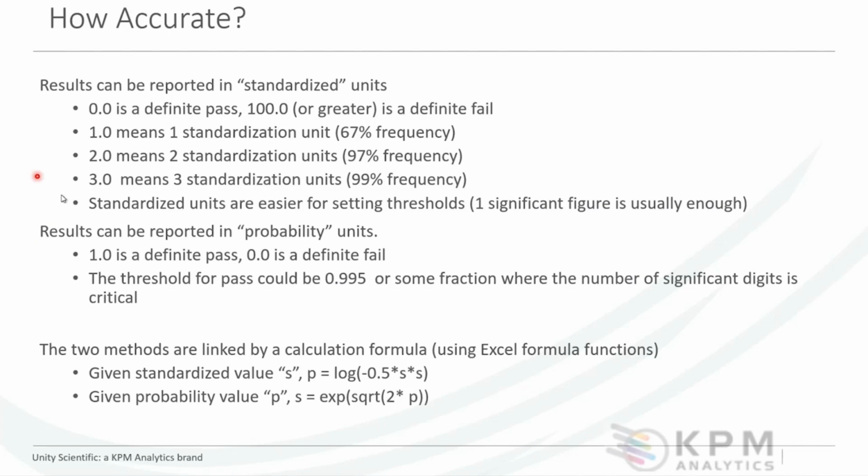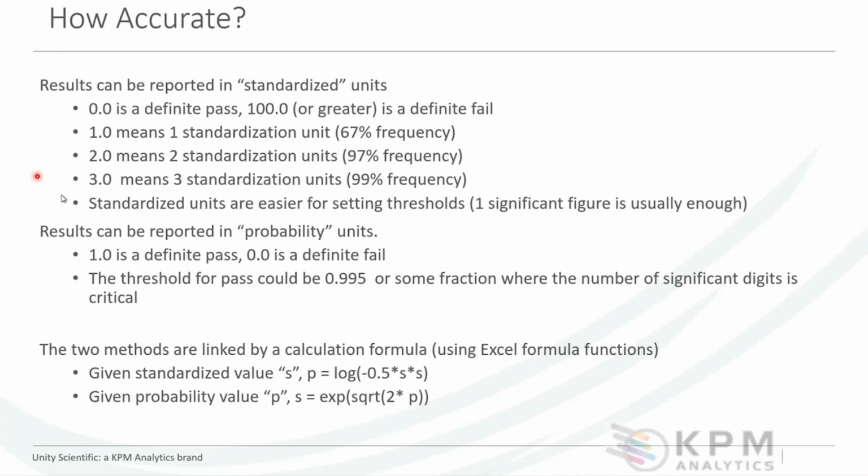So it might be 0.995, it might be 0.978. This starts getting into a scale for me that is less obvious, less intuitive to work with. But there might be some cases where probability is the way to go, or your processes, your procedures, your SOP, your operators just understand a probability unit better than a standardized unit.